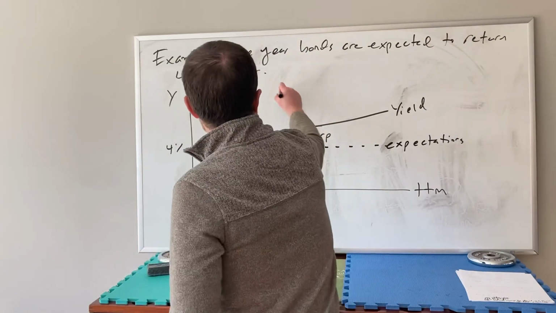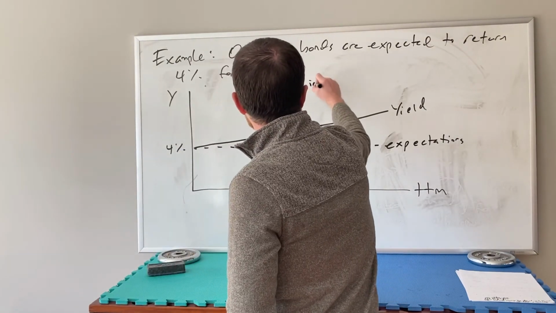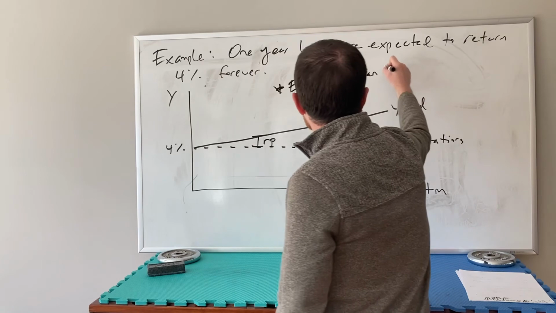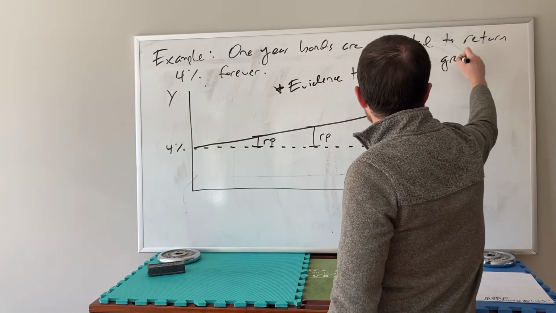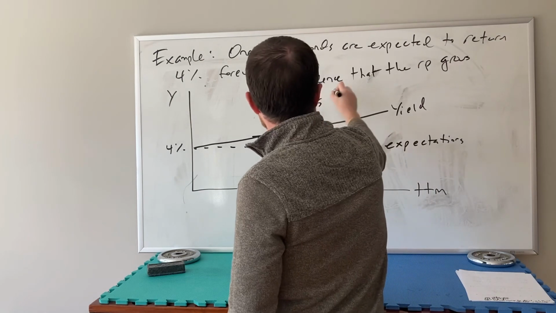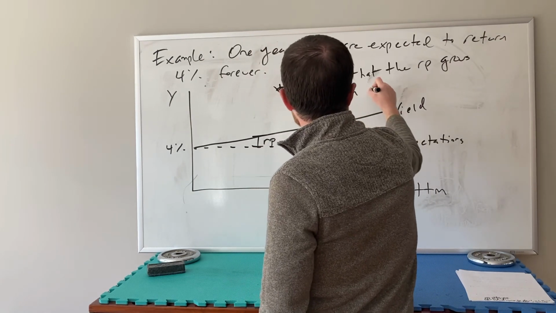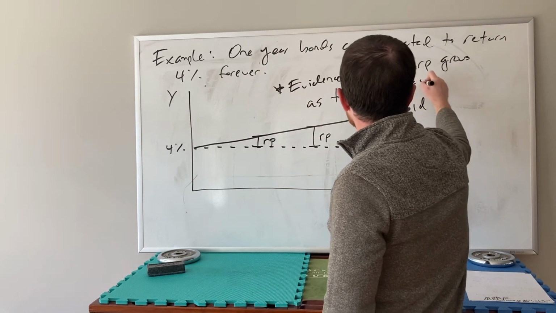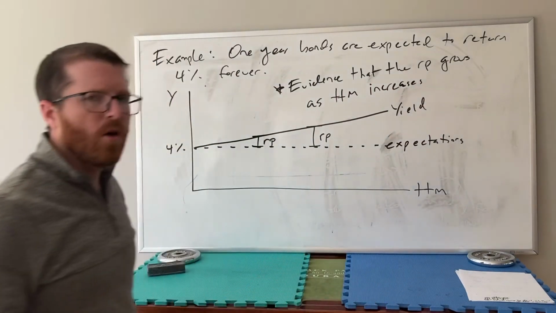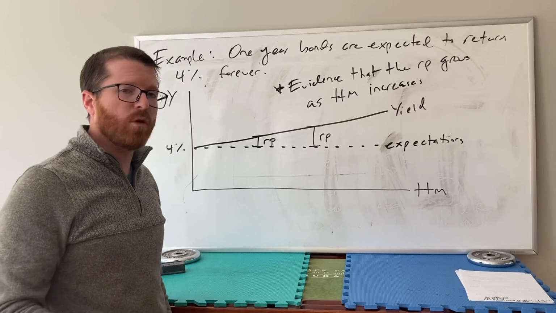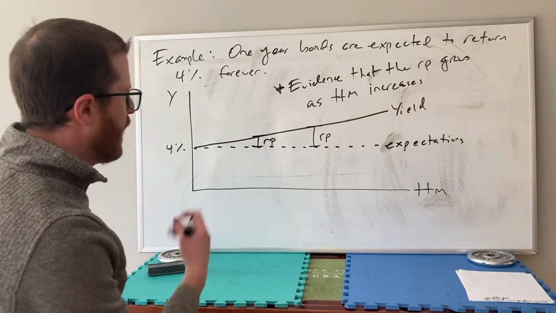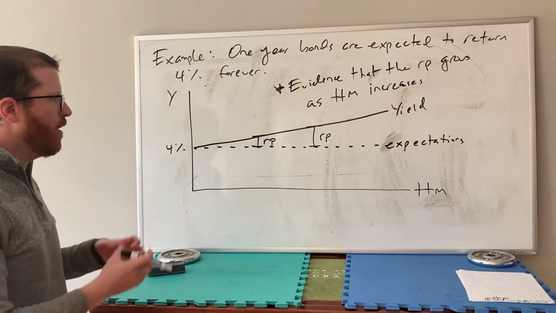So what we have is evidence that the risk premium grows as the time to maturity increases. So that suggests that longer term bonds have more risk, okay? If it's indeed risk that's driving this effect, then that's what we believe is causing that difference, all right?